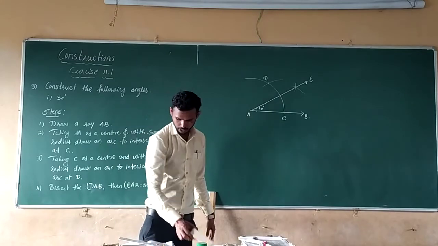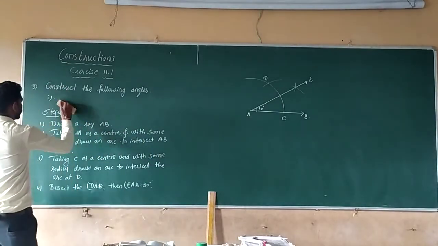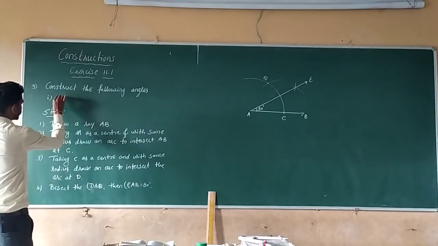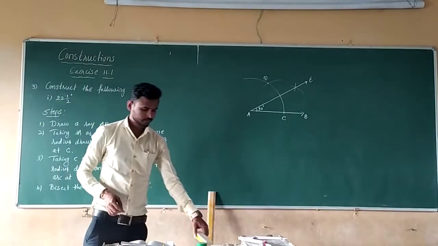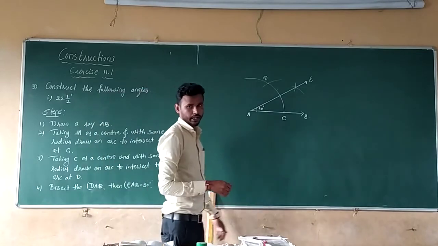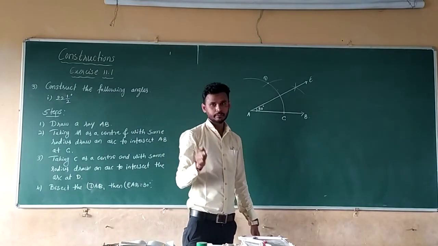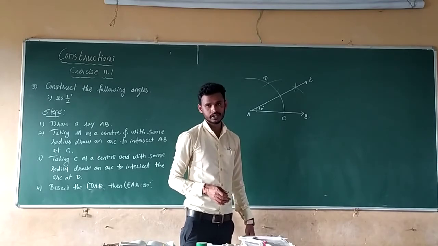And next, the second one is 22 and a half, that means 22.5. So how will we construct this one? Construct 90 degrees. Bisect that and you will get 45 degrees. Again bisect 45 degrees and you will get 22.5. That's it.